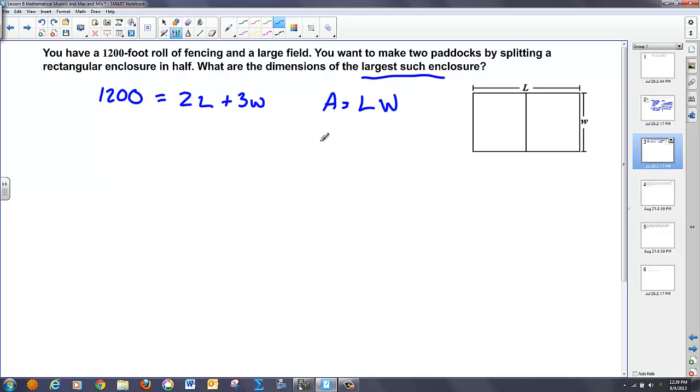Now, we're probably going to want to put this in terms of an x variable. It's up to you to determine what you'd like to call x. All right.